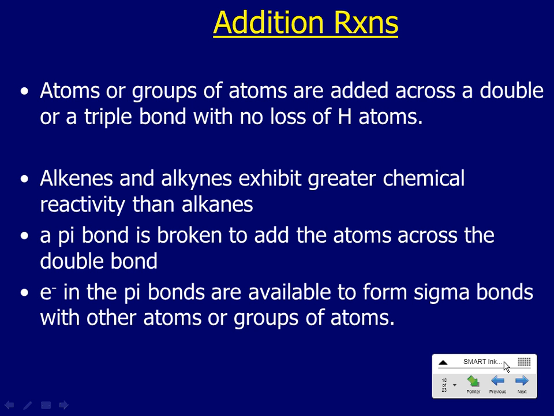You don't have to remove someone first. You just put them back in order to reload whatever it is you have. So double and triple bonds are unsaturated. They have room on the double or triple bond. Break that bond and put two more on. And just add them. Addition reaction.